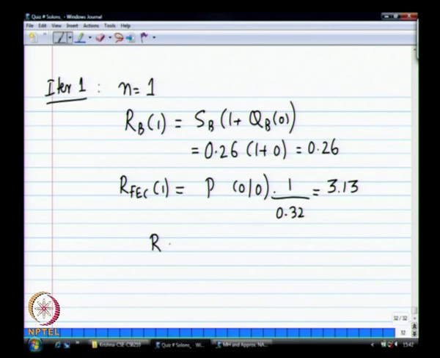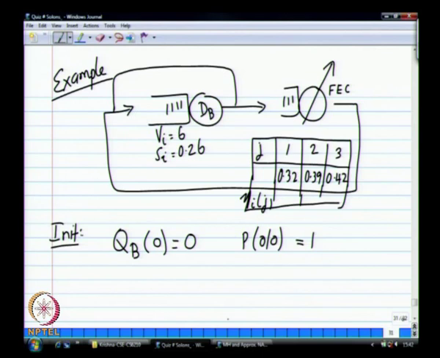Then you recompute R. Oh yeah, and another input is that V FEC equals 1, only one visit to that.